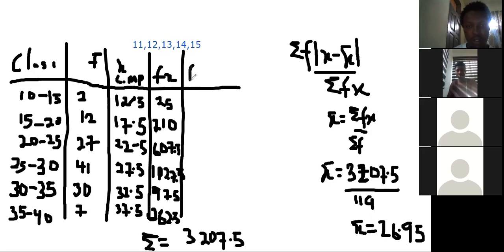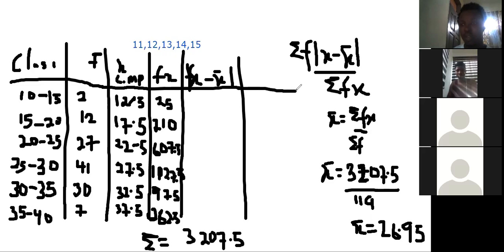let's do it. When we finish, we come and find x minus the mean. I'm using my machine, so if it goes off, my battery is left with 29%.